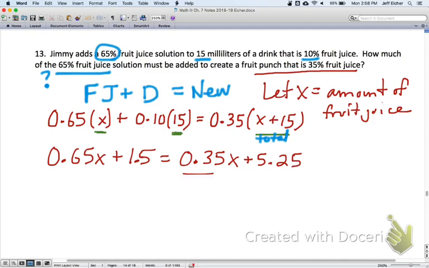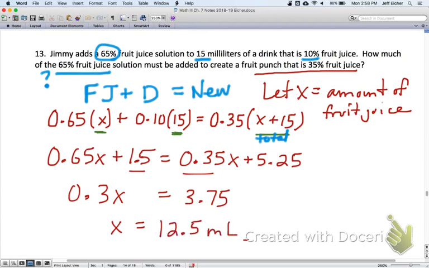Subtract this one from both sides, so that would be 0.3x. Subtract this one from both sides, that would be 3.75. So x equals, divide both sides by 0.3, and you get 12.5.